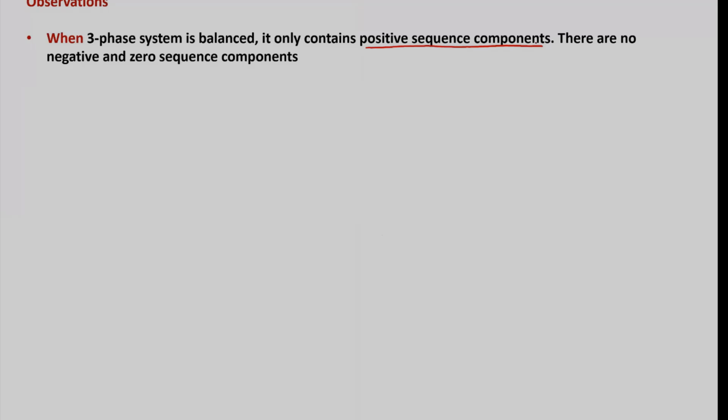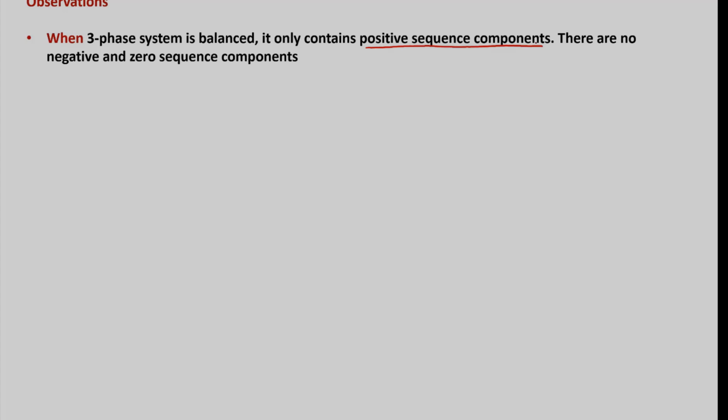So when our power system is operating in balanced condition, the zero sequence and negative sequence components are absent. All the currents flowing, all the voltages present, and all the impedances present are called positive sequence components.